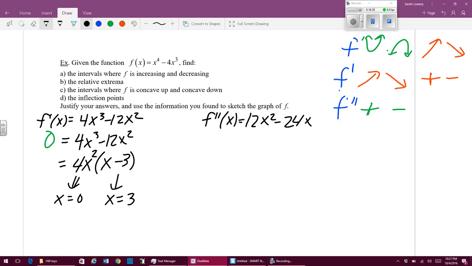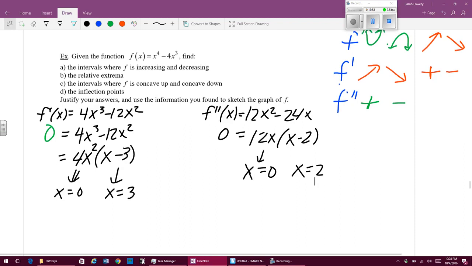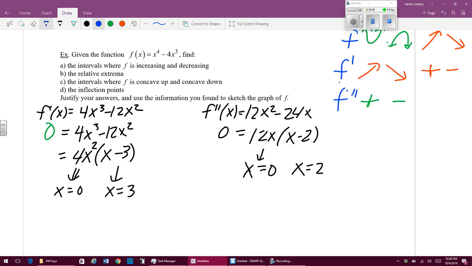On the right-hand side, I'm also going to set my second derivative equal to 0, because these are going to give me my possible points of inflection. I'm going to take out a 12x, which leaves me x minus 2. And I'm going to get some possible points of inflection, x equals 0 and x equals 2.